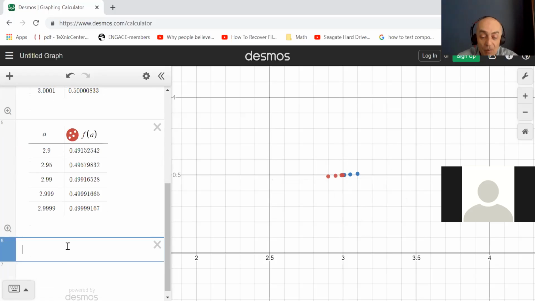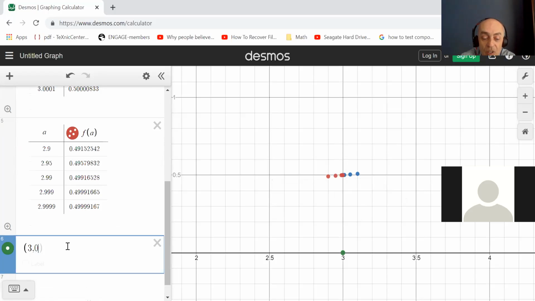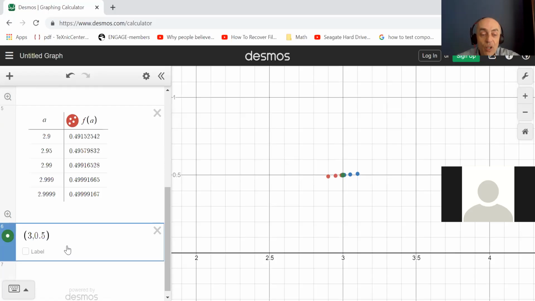So if I represent the point 3 comma 0.5, that point is a green point here, right where these other points congregate. Right above 3 is where all these points, the blue ones and the red ones, congregate. That's the meaning of a limit in a graphical interpretation.